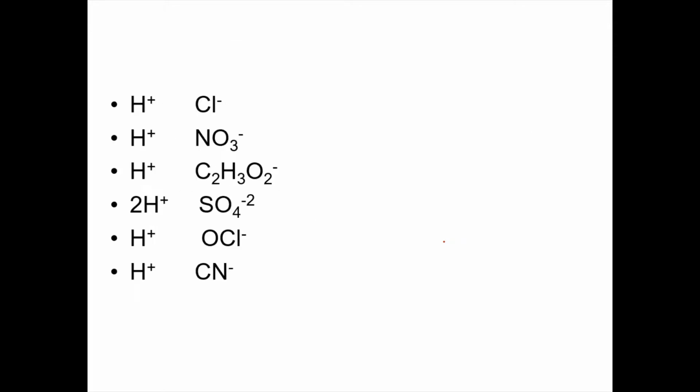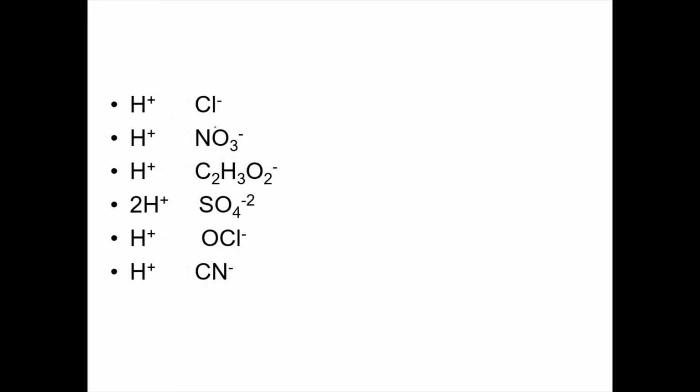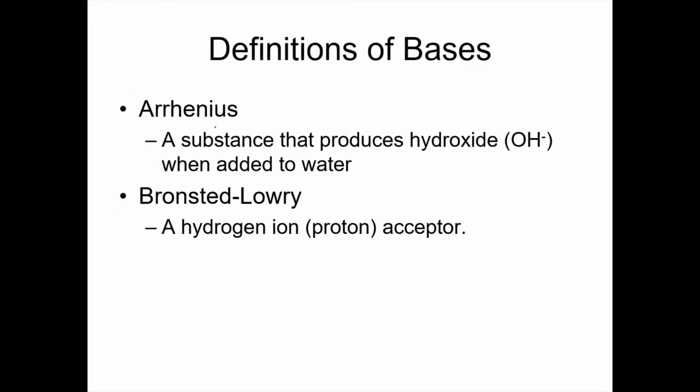So all these things that we saw earlier, they are bases because they grabbed a hydrogen at some point in time. And some of these still can grab a hydrogen. It gets complicated as to whether they would or not, right? They just gave up a hydrogen, why would they grab some? Well, some do, some don't. But the fact that they could have started with that makes them hydrogen ion or proton acceptors. Okay, so that's the Bronsted-Lowry definition.